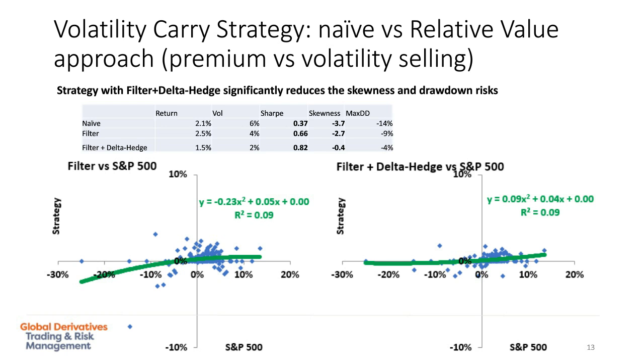Therefore, I can actually do relative value. So I only sell when the relative value is high enough for me to realize P&L. So I have this strategy with filter plus delta hedge, and the filter alone improves Sharpe. It doesn't really improve skewness. It reduces convexity though, as the strategy is not all the time in the market.